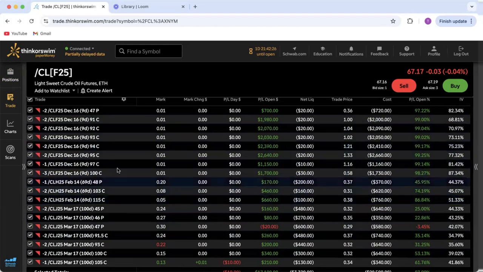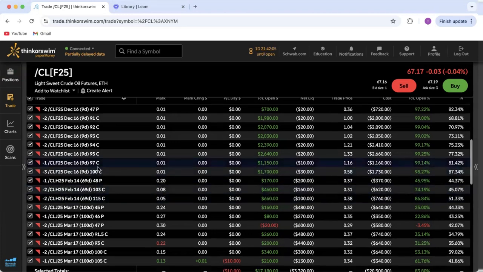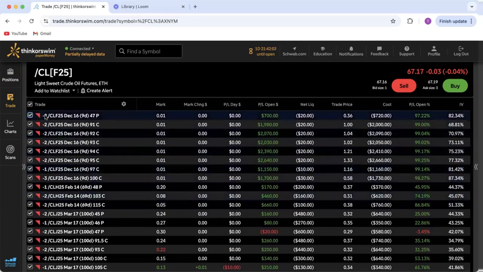Now, a couple things just so you understand what's going on here. You see the little red triangles over here to the far left? The red triangle means you are short. So you can see I'm short in all of these positions. You can also tell that you're short by your quantity.